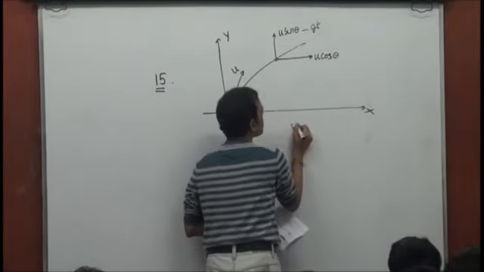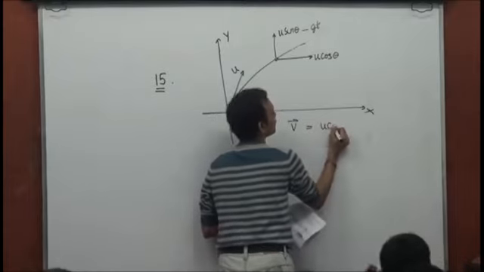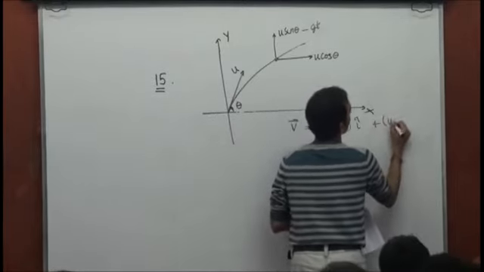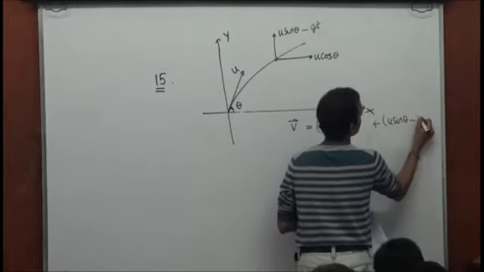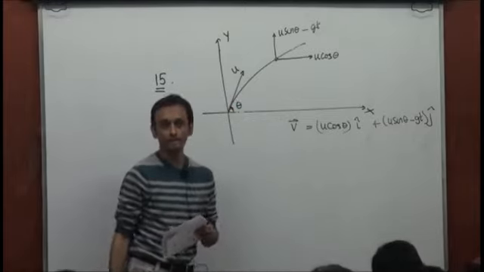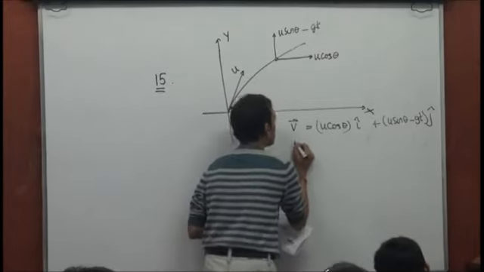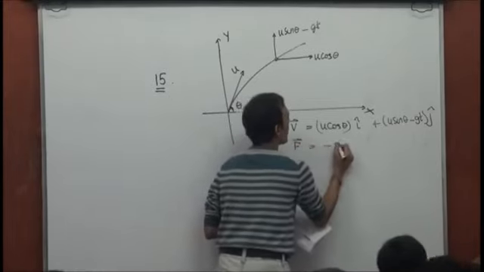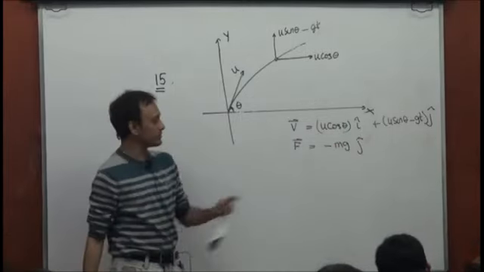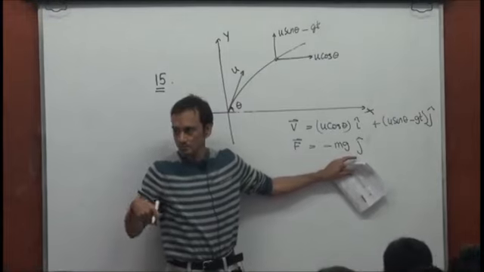So its velocity vector is u cos theta i cap plus (u sin theta minus gt) j cap. The gravitational force vector is minus mg j cap.